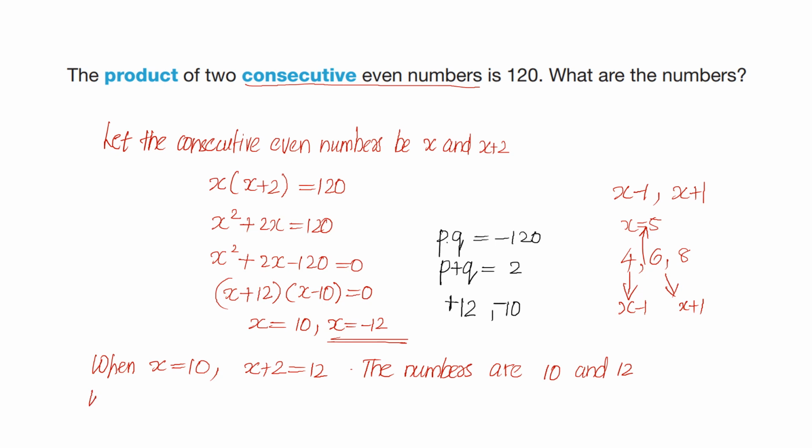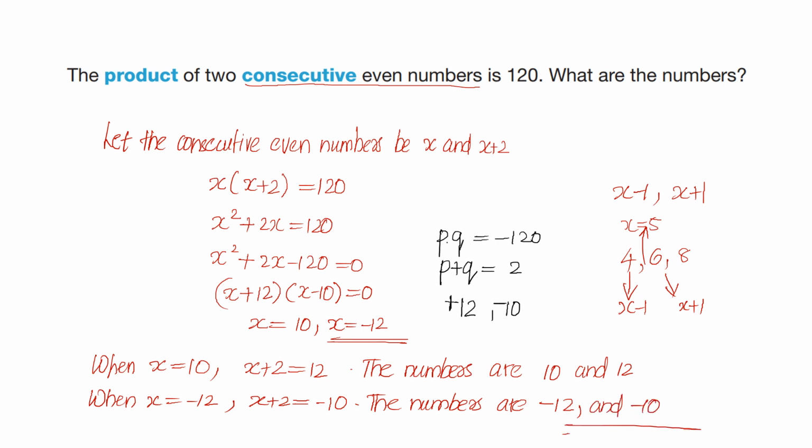The next case is when x is equal to negative 12. Then x plus 2 will be negative 12 plus 2, that is negative 10. So the numbers are minus 12 and minus 10.